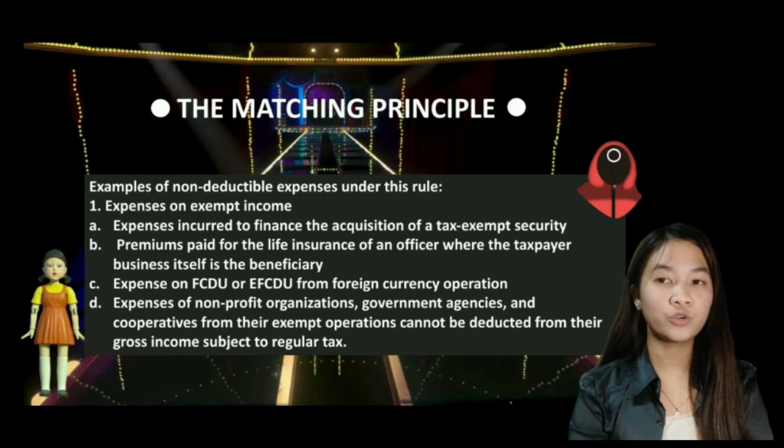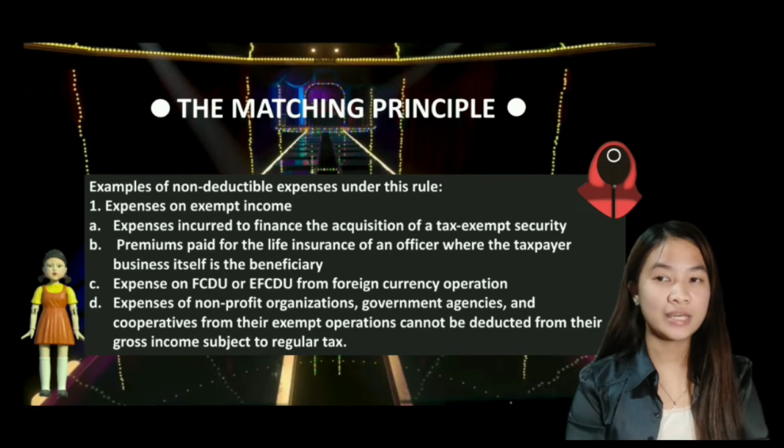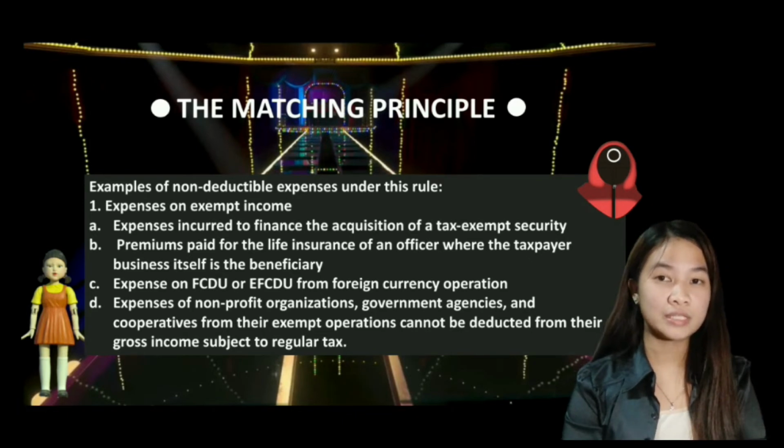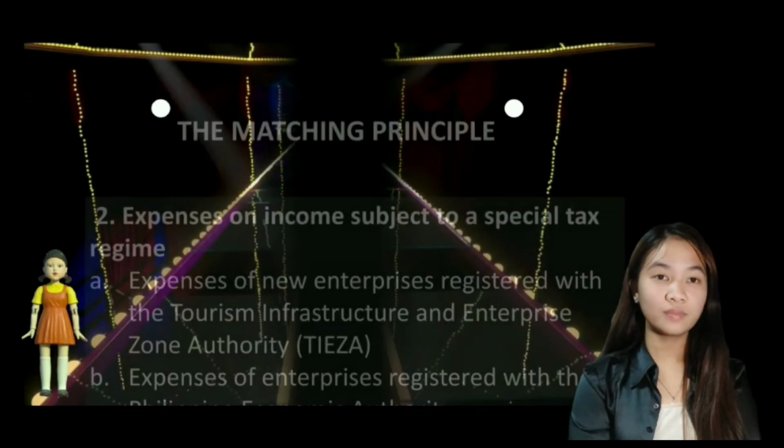Expenses on FCDU or EFCDU from foreign currency operation: FCDU or EFCDU expenses from exempt operations cannot be deducted against the items of gross income subject to regular income tax. Lastly, expenses of non-profit organizations, government agencies, and cooperatives from their exempt operations.